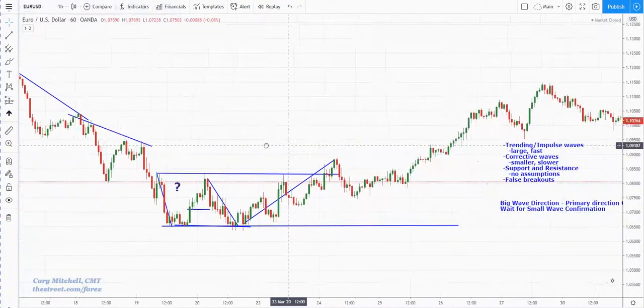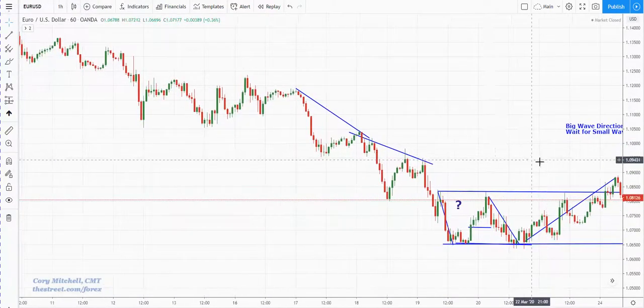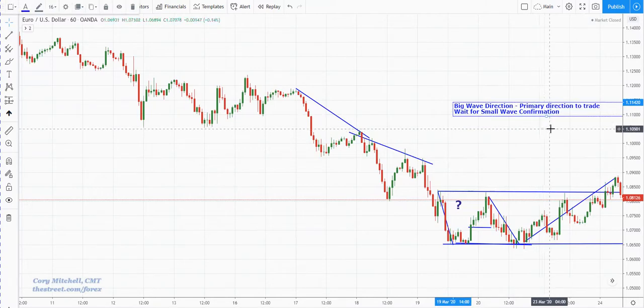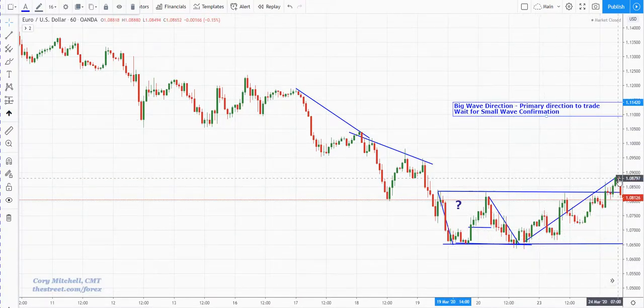As we discussed right there, big wave direction tells us the way we want to be trading. So in this case, we've had a big move to the upside. I want to be going long, but I have to wait for small wave confirmation. Now this is different than a corrective wave. What I'm talking about when I talk about big waves and small waves is, this is a big wave up, but it's filled with all these little gyrations.